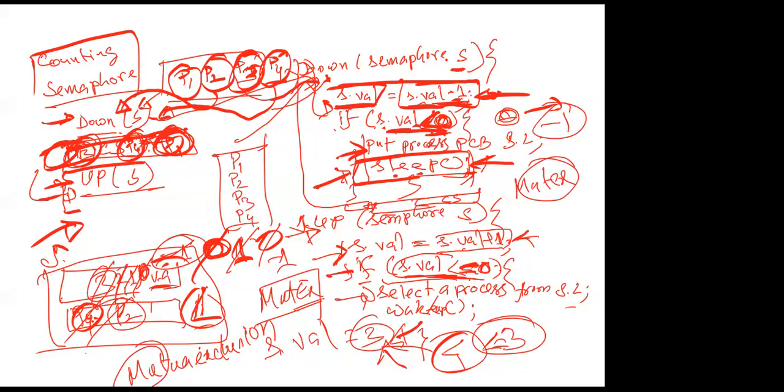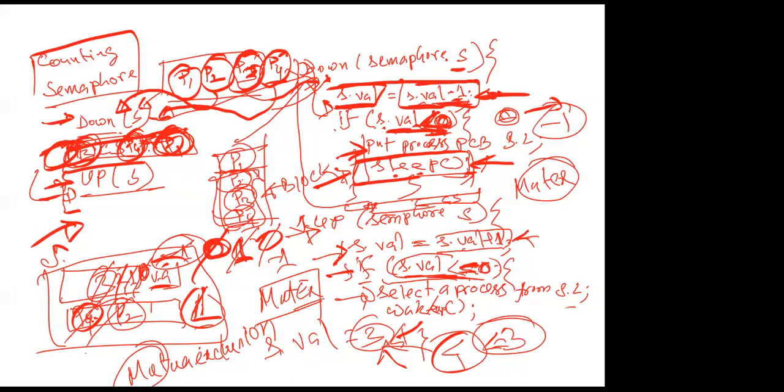In the case of a binary semaphore, process P1 is currently in the critical section, so when processes P2, P3, and P4 try to enter it, they will be in the blocked state, which means your operating system never schedules these processes.